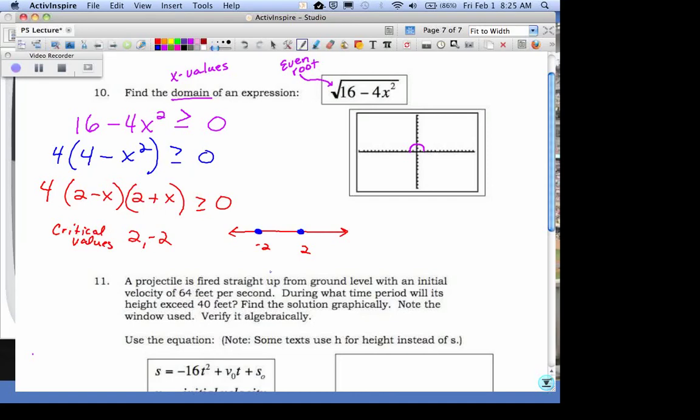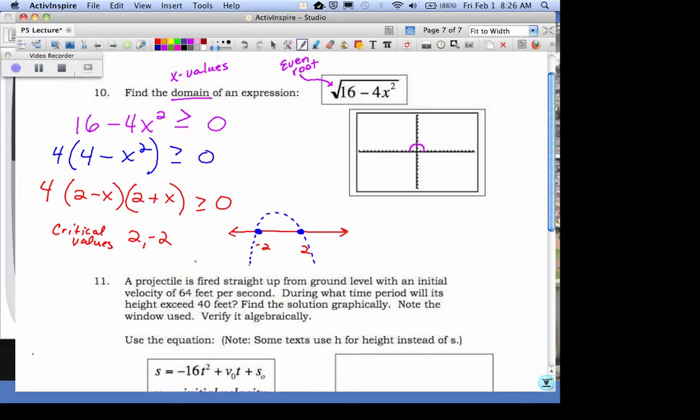Does anybody in here know what happens when you have a negative in front of your x squared term? What does that do to your parabola? Flips it down, right? So I know my parabola is doing this. So either you know that or you don't. If you know it, tell me where the parabola is above the line.